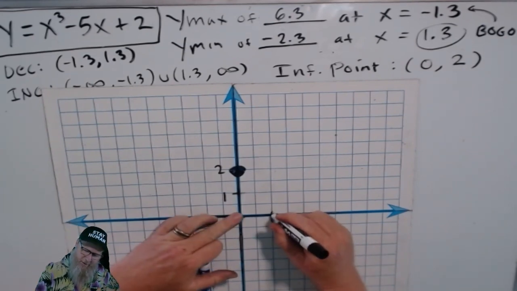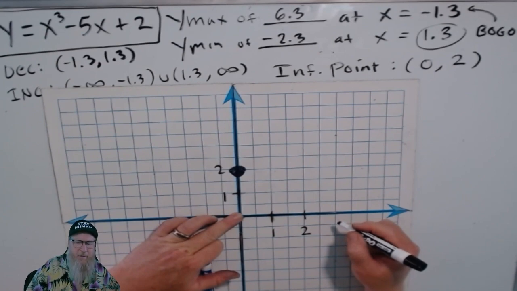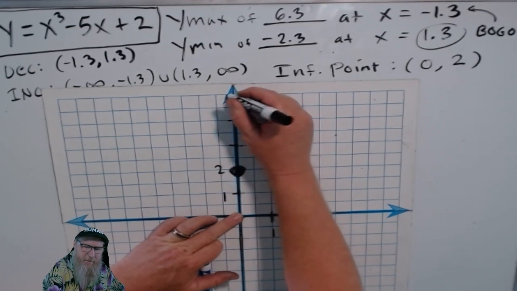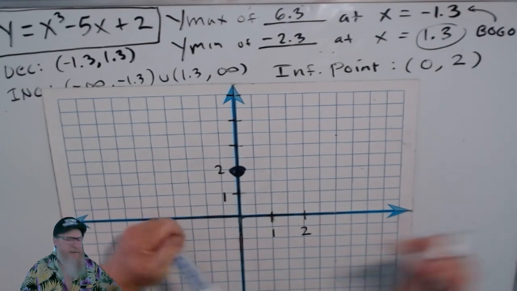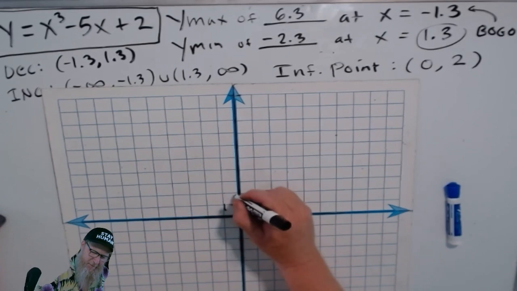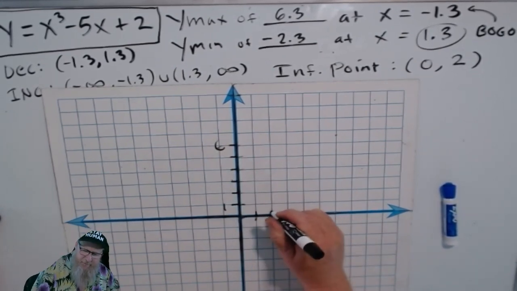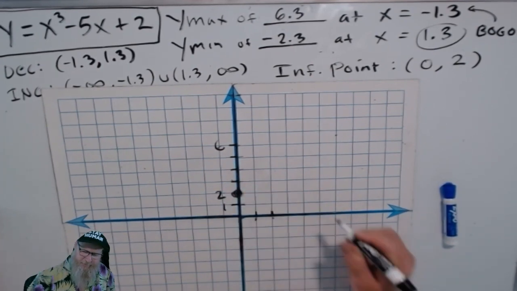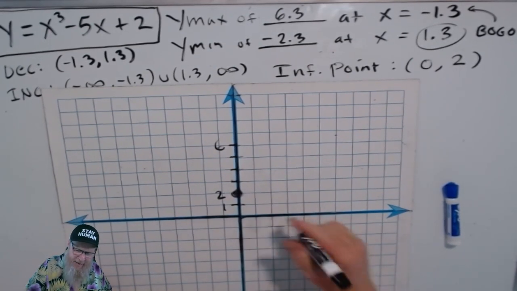So we got 1, 2, 3, 4, 5. Can't do the scale. Gonna have to just do a 1-to-1 scale. So 1, 2, 3, 4, 5, 6. 1, 2. So there's 0.2. Oh, I could do a bigger scale on the X.